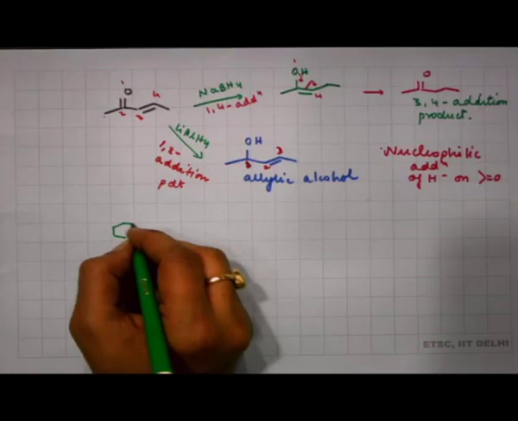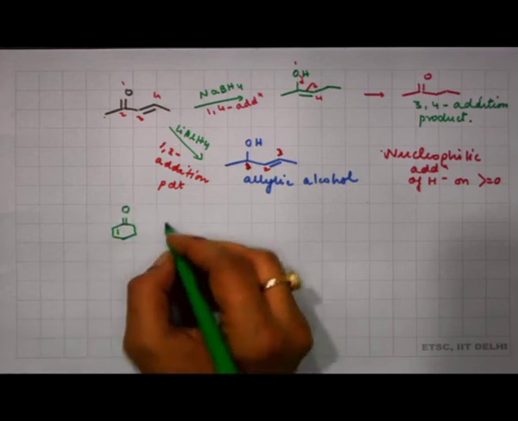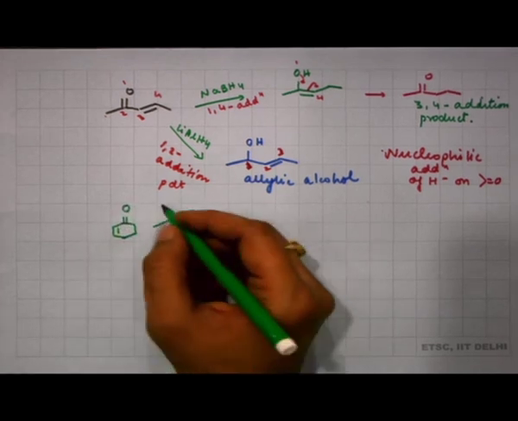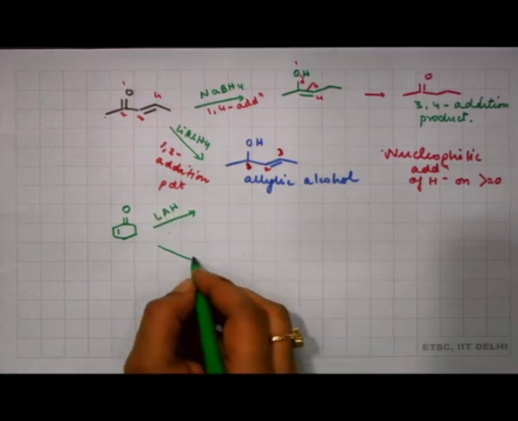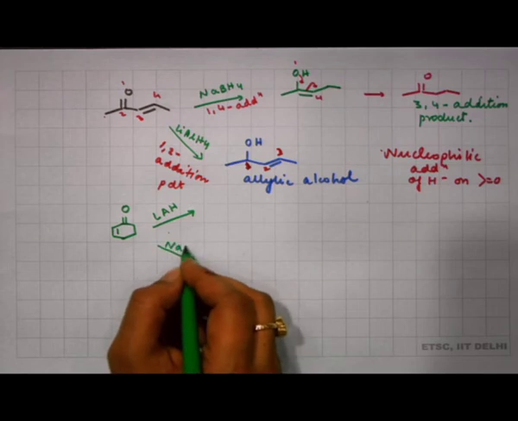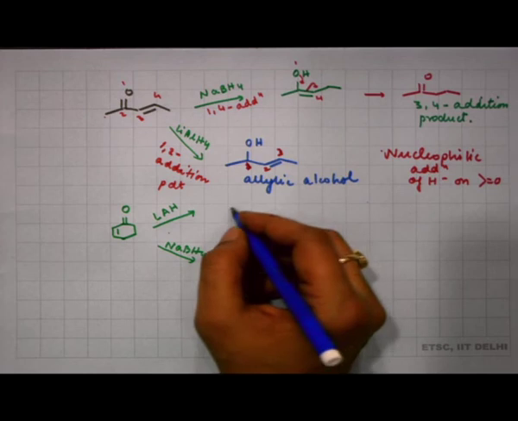If you look at a cyclic ketone, alpha beta unsaturated cyclohexenone, you treat it with LAH, you treat it with sodium borohydride. Try to write yourself the products which are generated.